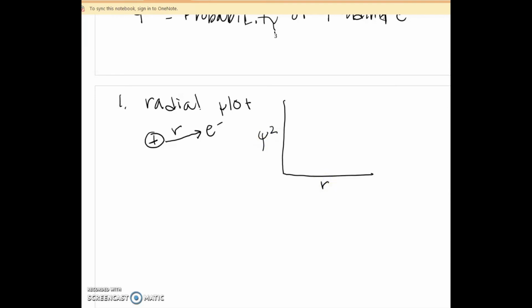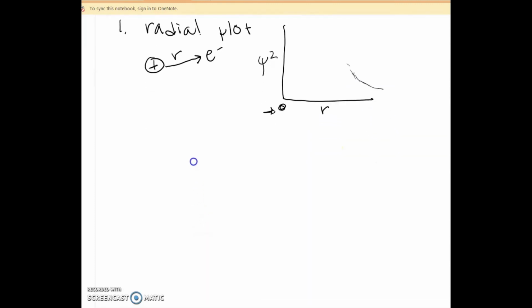When r equals 0, there's going to be 0 probability of finding the electron, because this is right on top of the nucleus. So that starts at 0. We want to see what things look like as we get further and further from the nucleus. What is the probability of finding the electron some distance from the nucleus? So we're going to look at plots like this.